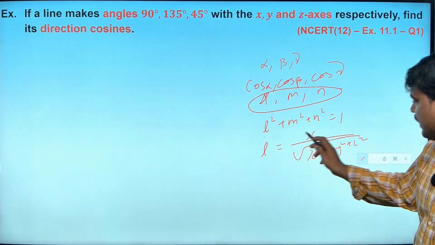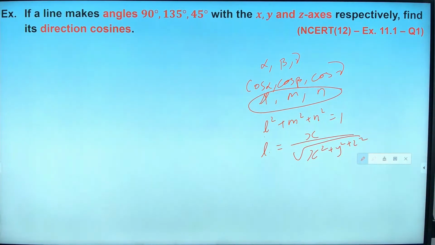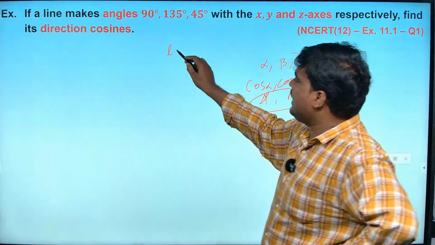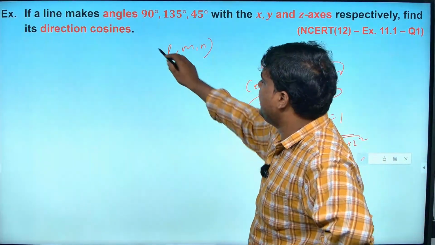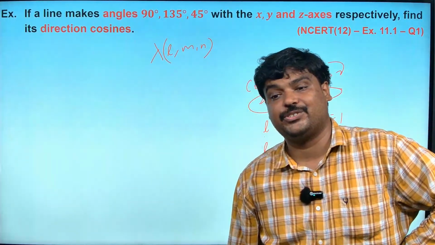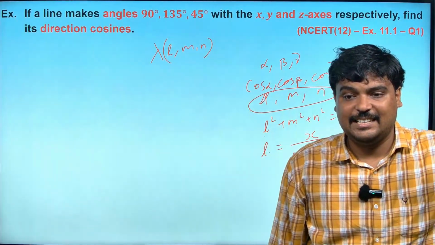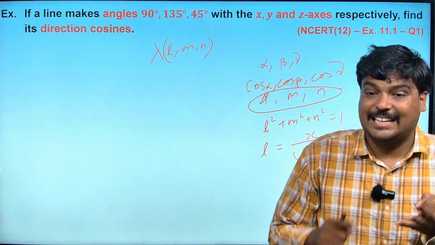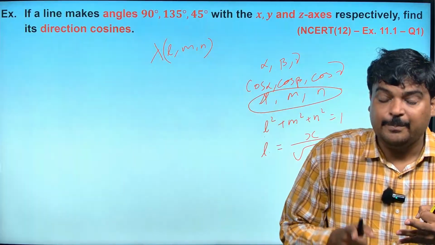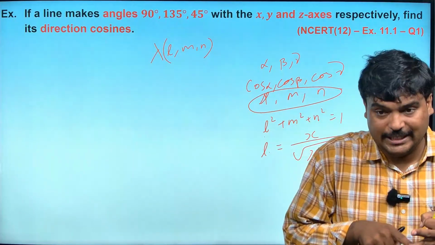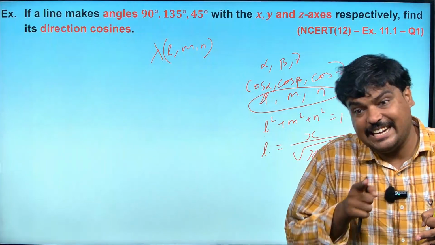Similarly, M will be y and N will be z. And one more thing: if I have L comma M comma N multiplied with a single constant number, I am going to call it direction ratio. Direction angle, direction cosine, direction ratio. Direction angles alpha beta gamma, direction cosines L M N, direction ratios A B C.